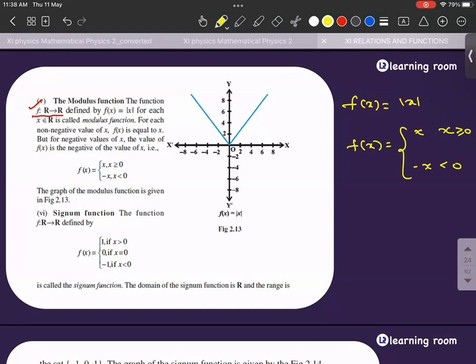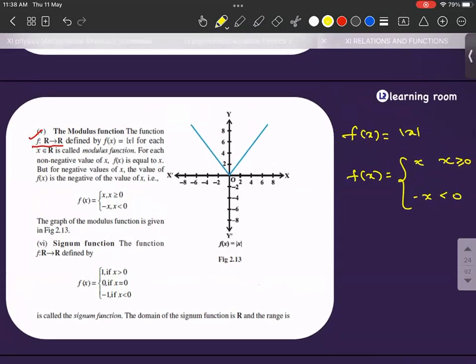Basically, when you have a real number, let's say I give you the number 2 and ask you the modulus of 2, you will tell me the answer is 2. Whereas what is the modulus of minus 2? That is also 2 only, because modulus always gives us a positive value.